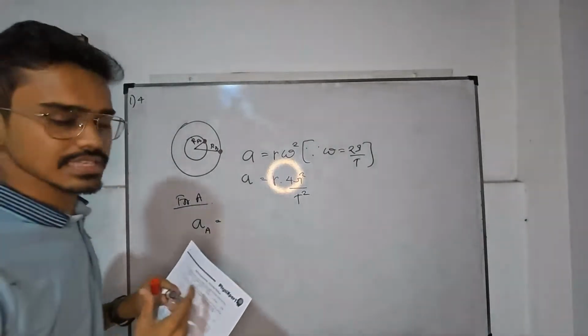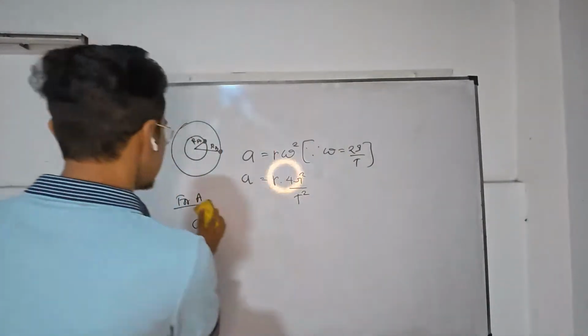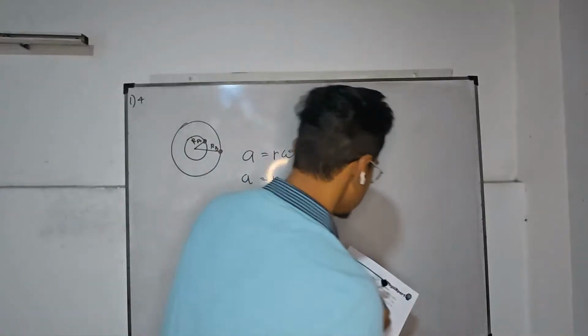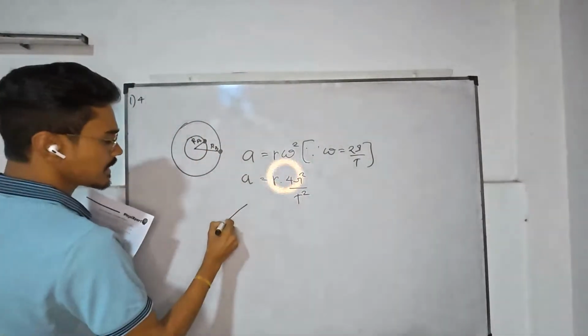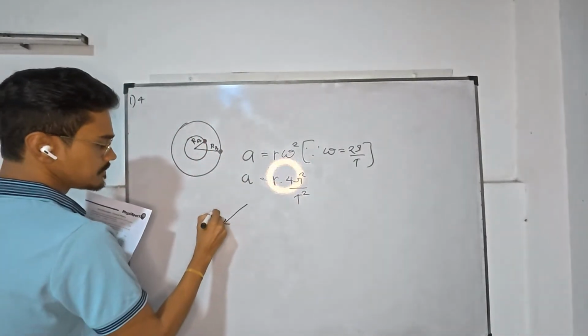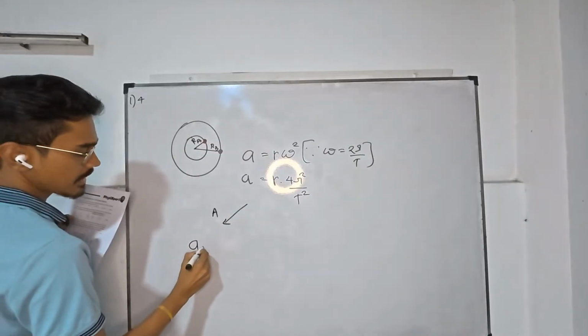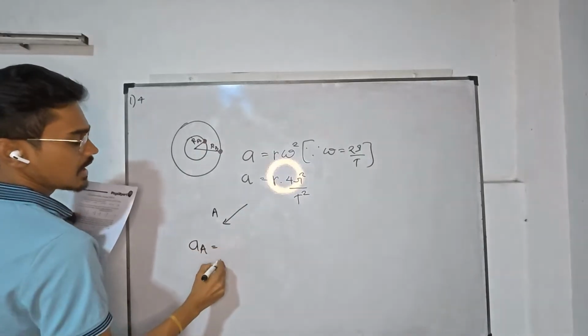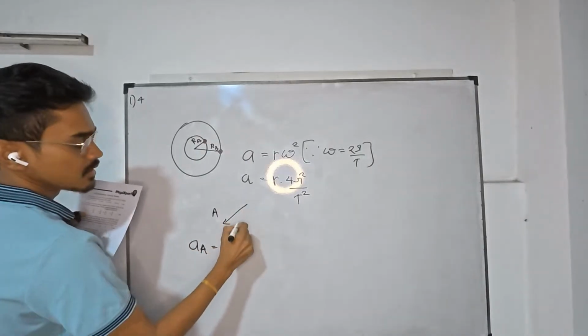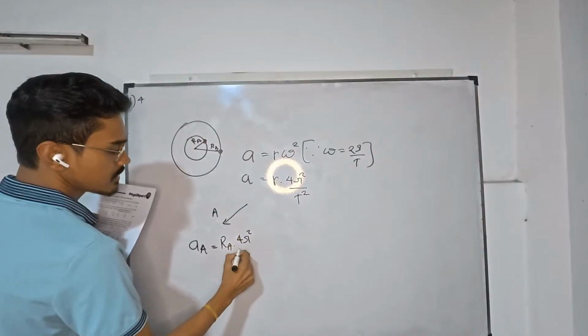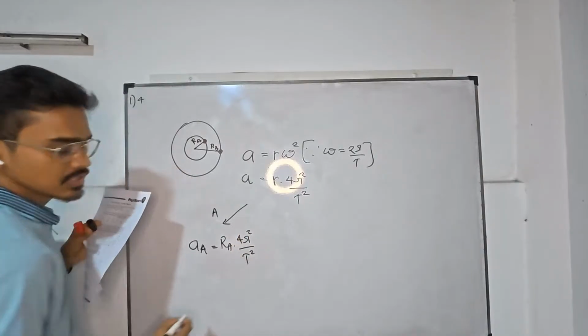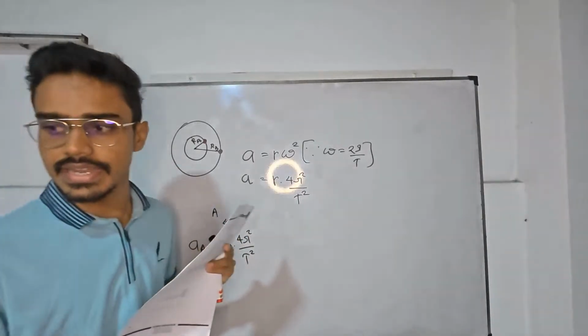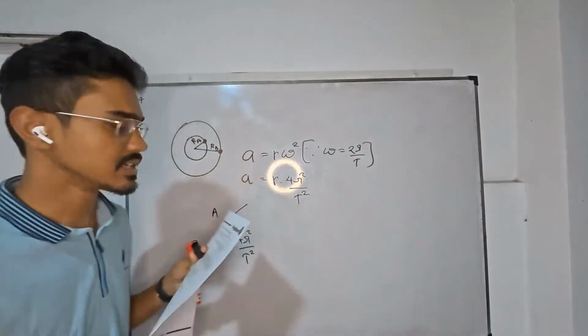Now I'm going to use this equation for A and B separately. For A, we can write aA equals RA 4 pi squared over T squared. The period T is common, that is given.